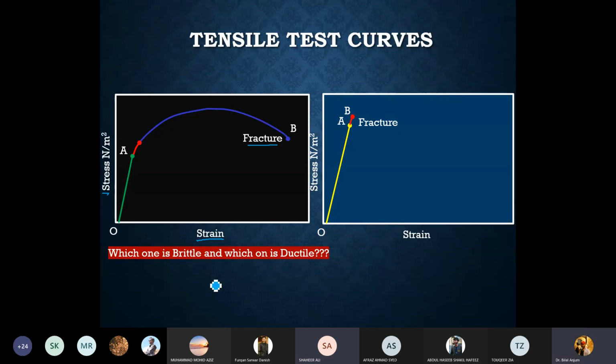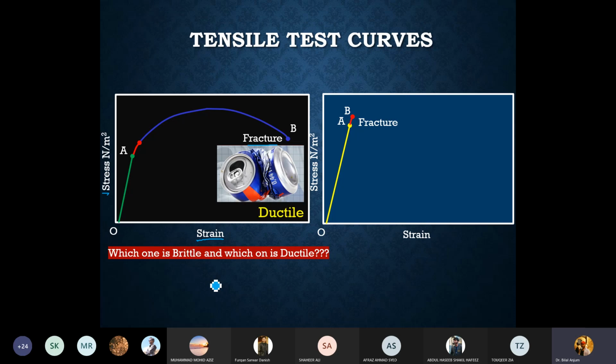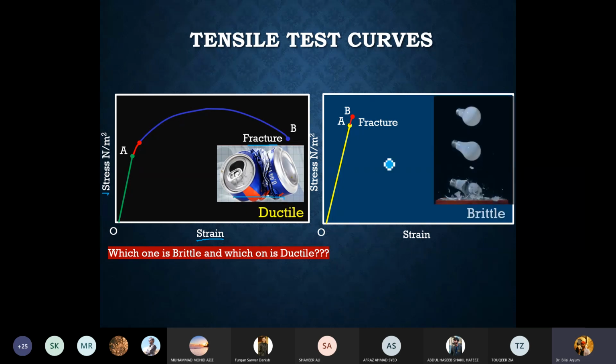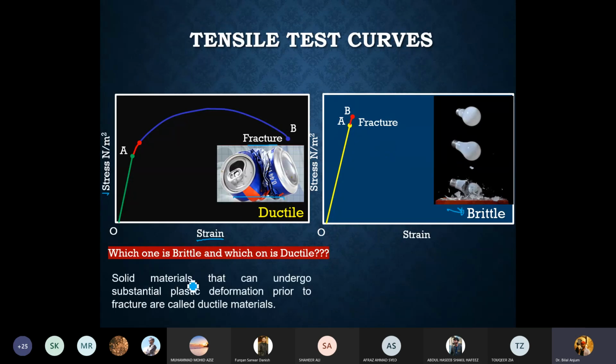Brittle. Very good. So if you have any ambiguity regarding what a brittle material is or what a ductile material is, this is a ductile material, and this one is essentially a brittle material. What is the difference? Solid materials that can undergo substantial plastic deformation prior to fracture are called ductile materials.